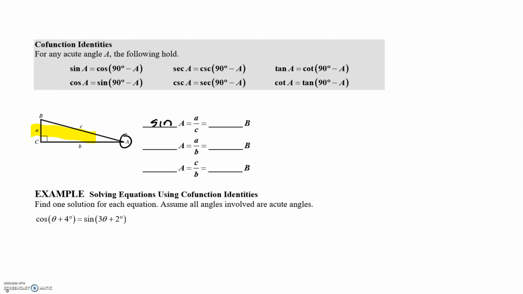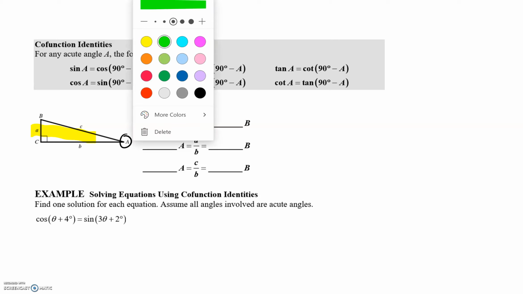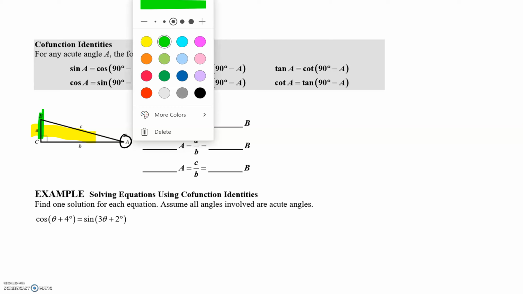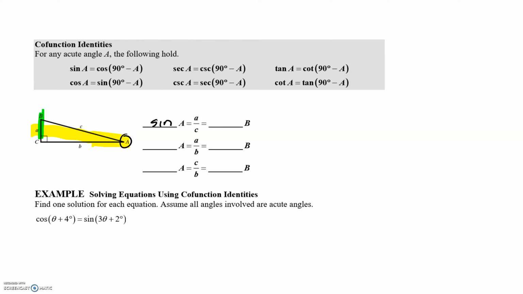Now, if I did it in terms of B, the A in terms of B would be the adjacent, wouldn't it? With A, yes, it is the opposite. But if you look in terms of B, A is the adjacent.